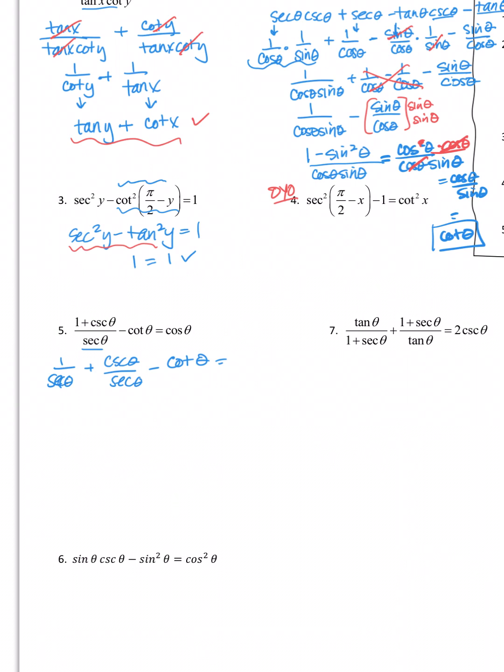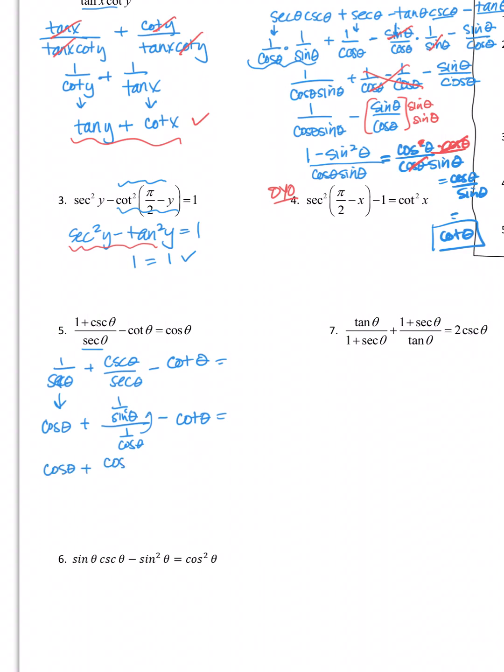Well, 1 over secant can become cosine. This 1 over sine over 1 over cosine, okay, minus cotangent, right? All right, now if I do keep, change, flip, what am I going to have?